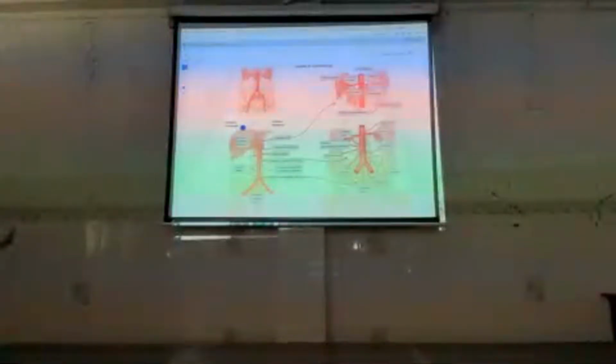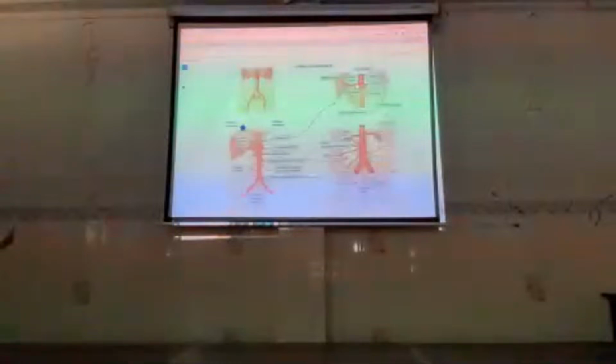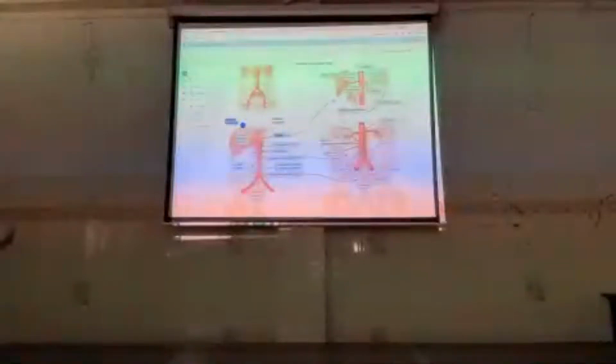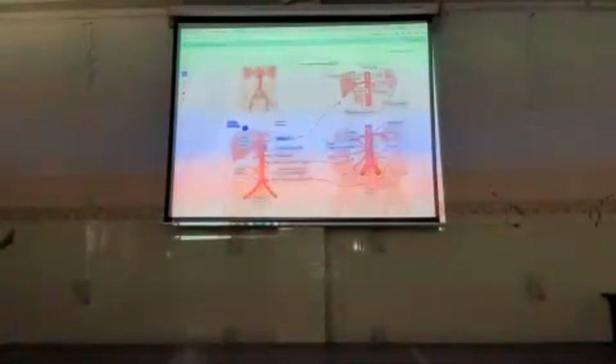Now we are talking about the celiac trunk. What are the arteries that are present in the celiac trunk? I will show you here.